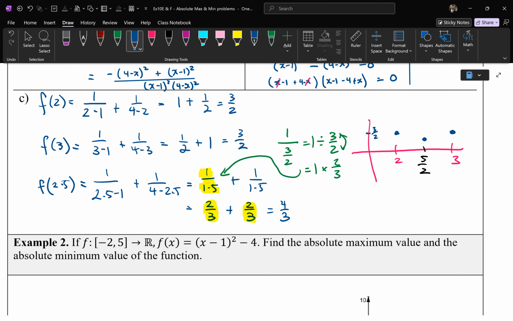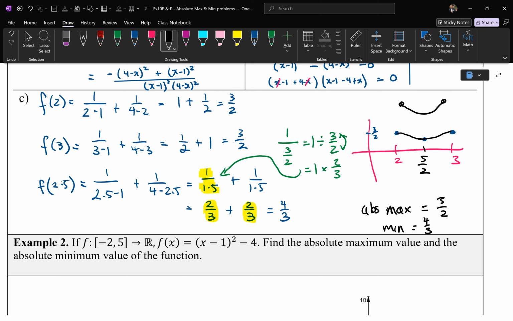So the graph must come down, have a turning point, a stationary point, and come back up. I expect it to be some sort of cup. Hence the max value you can get is 3 on 2, the absolute max, and the absolute minimum must be 4/3.